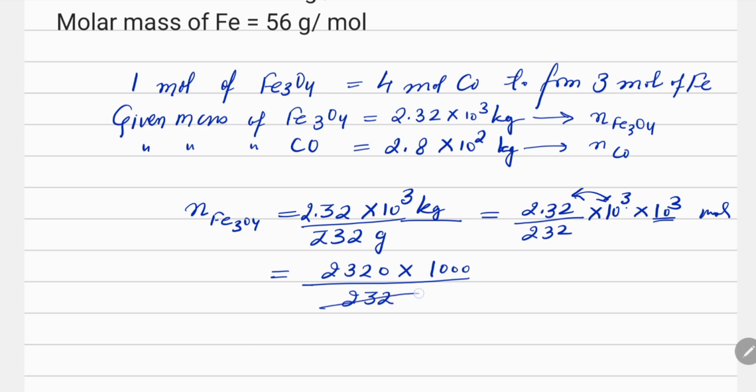With the common factor 232, it becomes 10,000 moles.